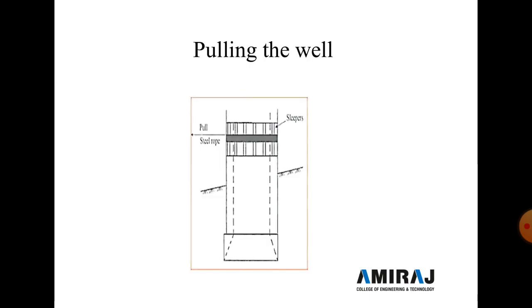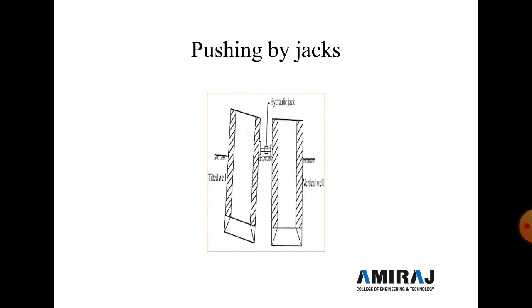Next is the pulling of the well. If the caisson is fixed at a tilt, we first pull out the well and then insert it again in the ground. And the fourth one is pushing by jack. In this figure, one jack is provided between the two well caissons.